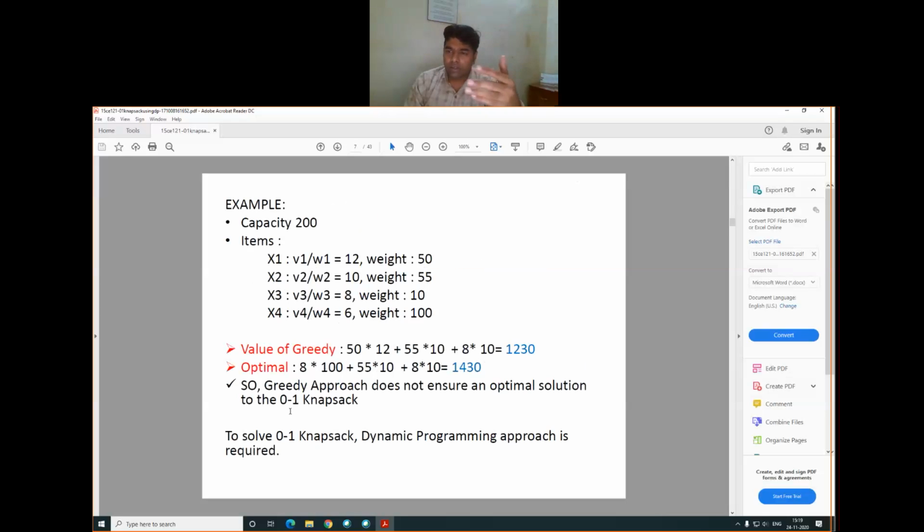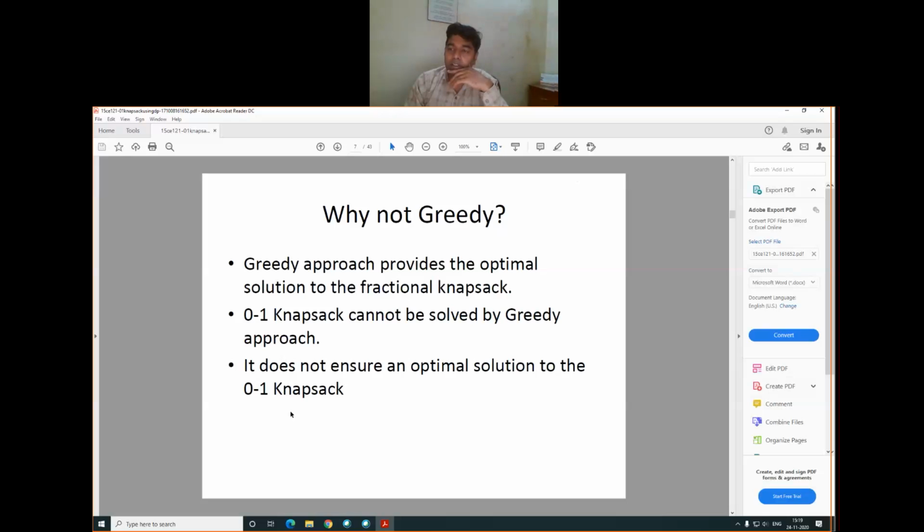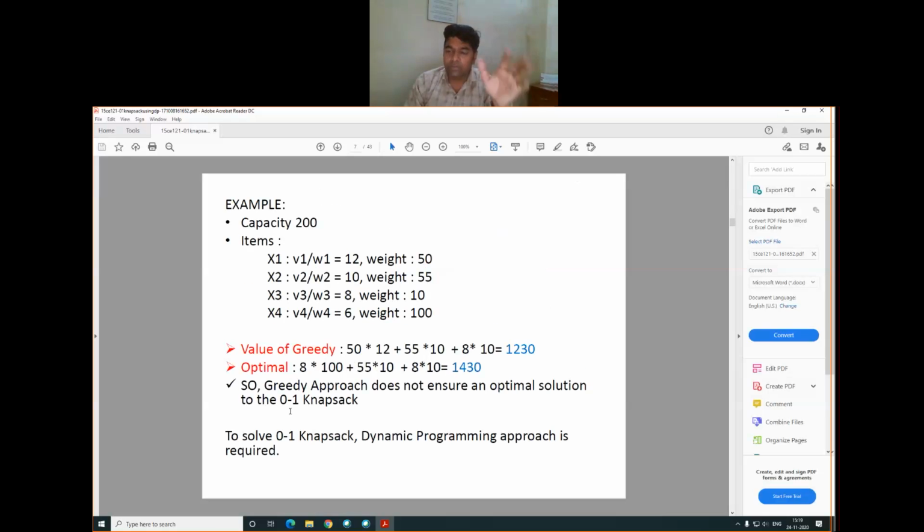Let me start to explain why we are not applying the greedy approach to the 0/1 knapsack problem. We can apply only the dynamic programming approach to solve the 0/1 knapsack. So let's start. With this example you can easily understand why the greedy approach will not apply.